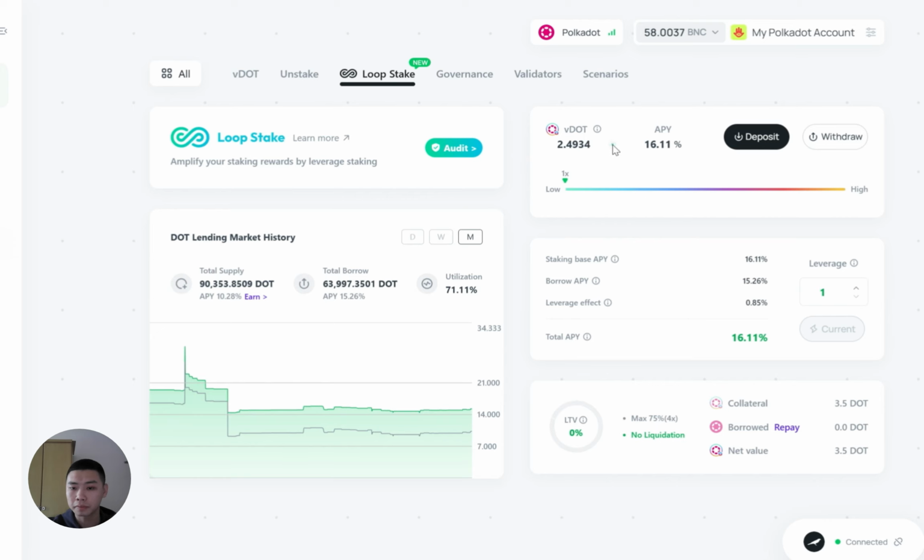It's right here. If you still remember, what we deposited was 1 vDOT, right? But right now we have 2.4, approximately 2.5 vDOT, because we paid the debt using DOT, and the vDOT that we had borrowed is leaving our account. So what we need to do is withdraw that amount of vDOT and then redeem.